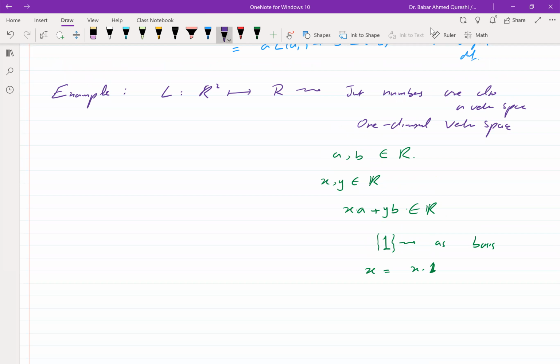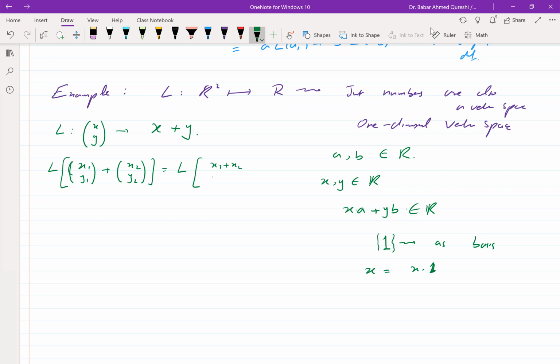So if I define a linear transformation by this, we have to check if it's linear or not. Let me this time do it with the two properties I discussed. So I take two of them. I know how I add vectors in R2.